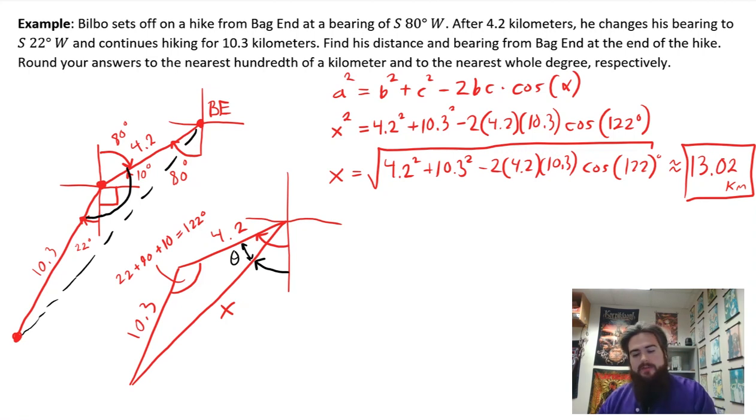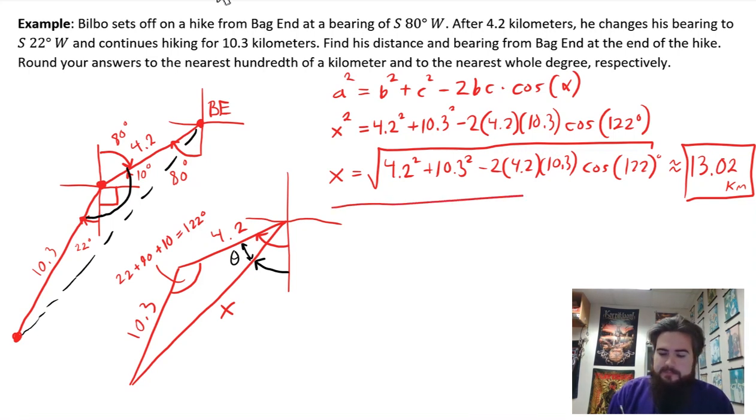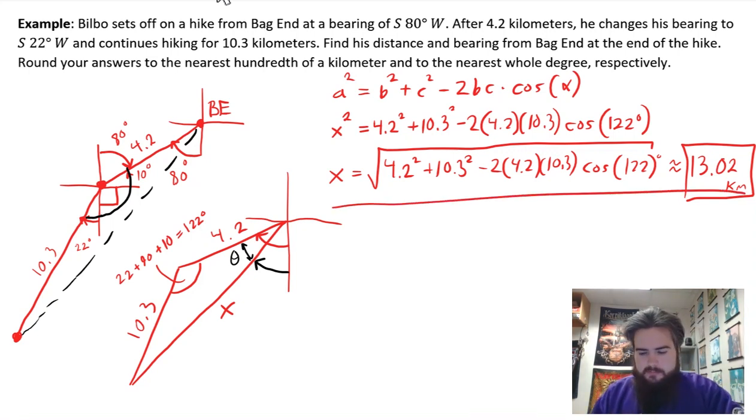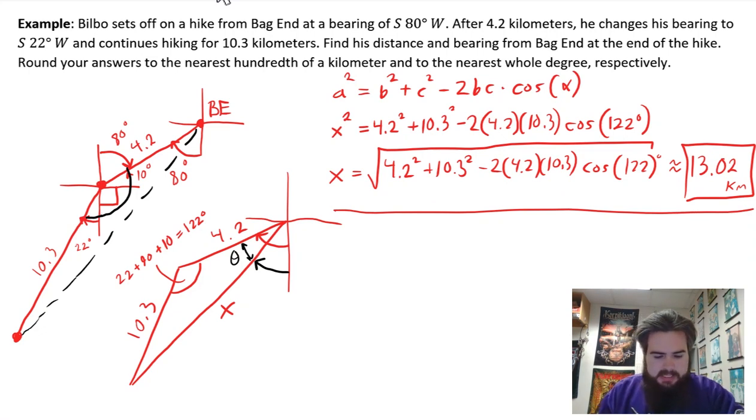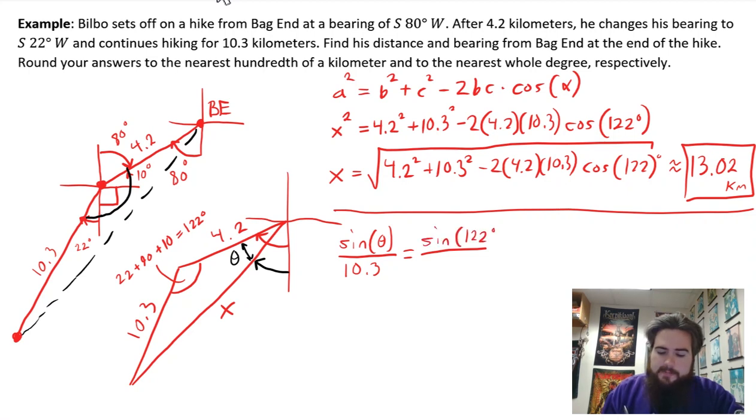So if I want to solve for theta, I should be able to use the law of sines for that now. For the law of sines, if I want to solve for theta, we would then set sine of theta divided by the side across from theta, which is 10.3, is equal to sine of 122, the other angle measure I know, divided by x, which we now solved as 13.02.